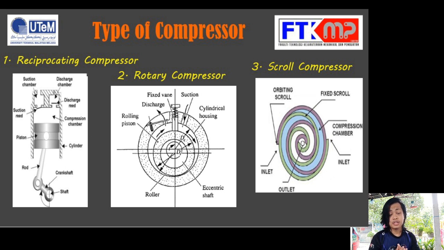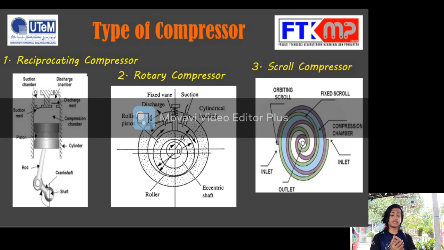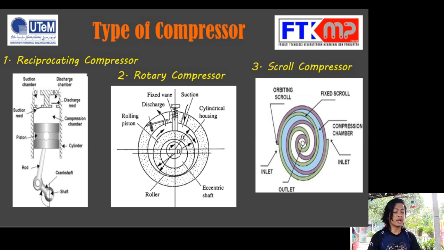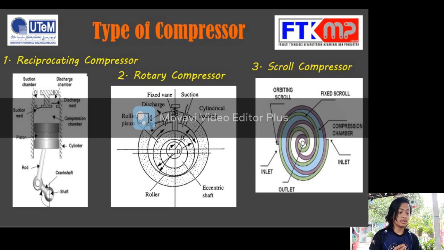Second, short lifetime and not suitable in dirty environments. Okay, for the scroll compressor, first, it reduces energy cost. Second, gas pollution is also minimized. A disadvantage of this scroll compressor is that it is not easy to repair because it cannot be disassembled.